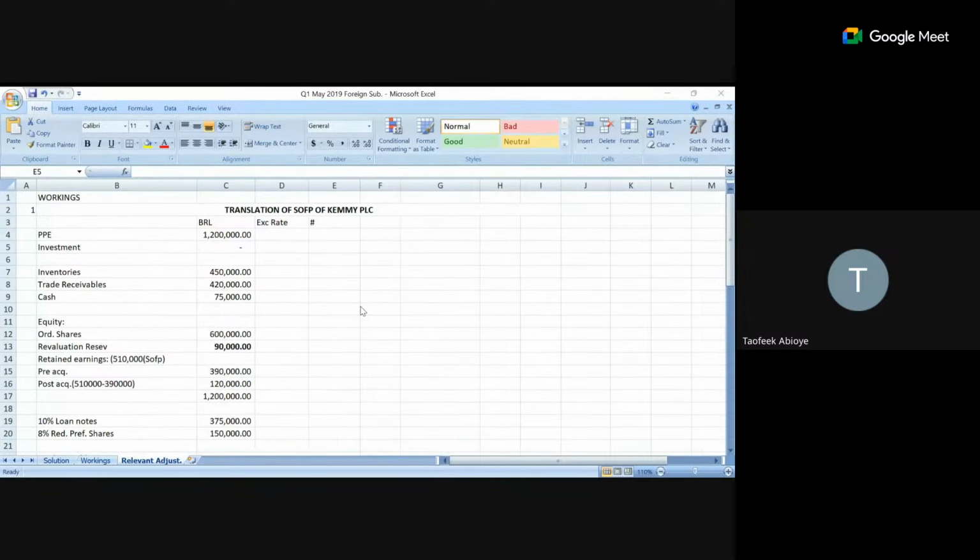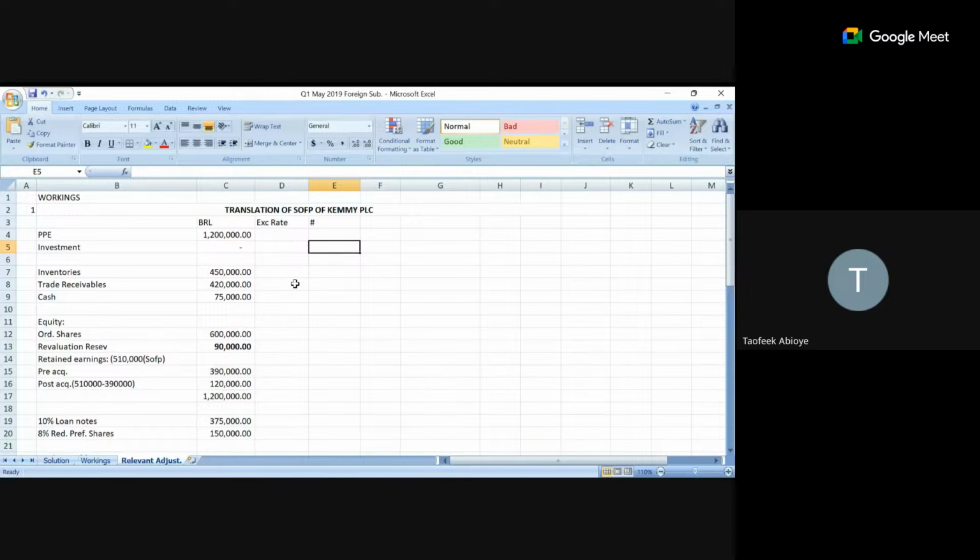And what is our DOC rate in this question? It is 5.0, right? While our DOA rate is 6.0.